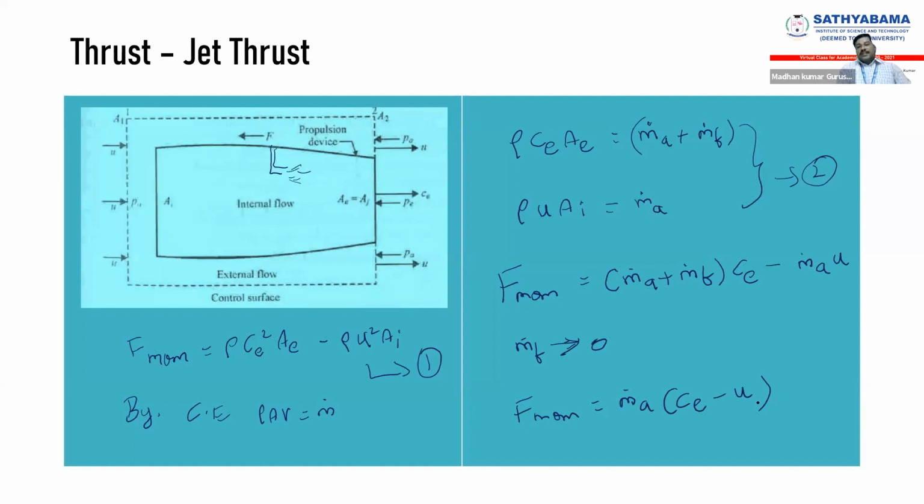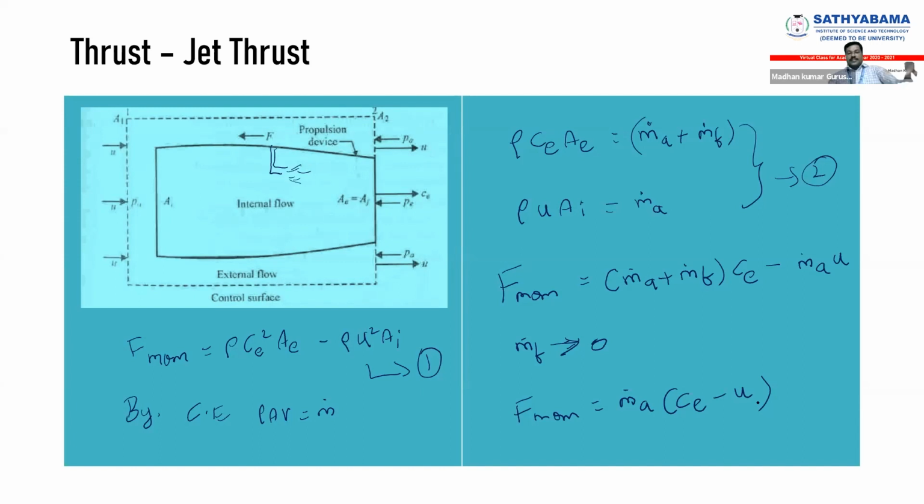Why you are neglecting the mass flow rate of fuel is that the mass flow rate of fuel for jet engines is usually small, because for 1000 ounces of air that has to be squeezed during takeoff, how much fuel you spend is only 17 ounces.